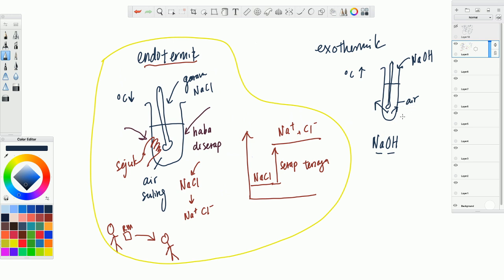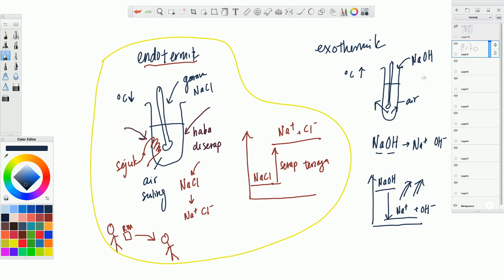Oleh itu air merasa panas. Apabila menjadi ion natrium dan ion hidroksida, dia ada kurang tenaga daripada pepejal. So, tenaga bahan kimia ini menurun. Tenaga dia turun disebabkan dia bebaskan tenaga kepada persekitaran. Persekitaran dia merupakan air dan tabung uji.